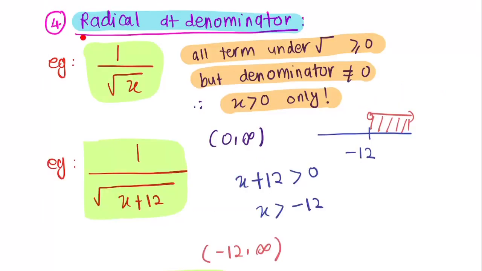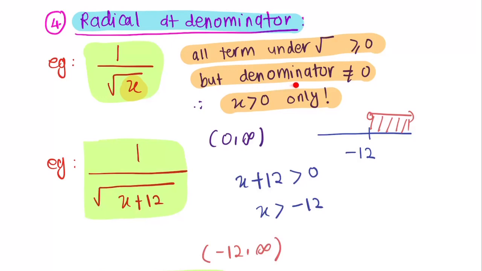Alright, next case, let's see radical at denominator. So what happens when you have a radical and it is at your denominator? This is the easiest question that I can show you. 1 over square root of x. So we already learned that all terms under the radical must be more or equal to 0, right? It must be a positive number.